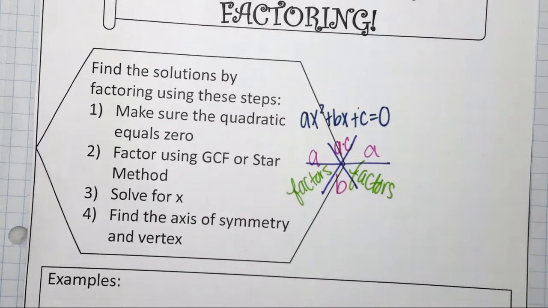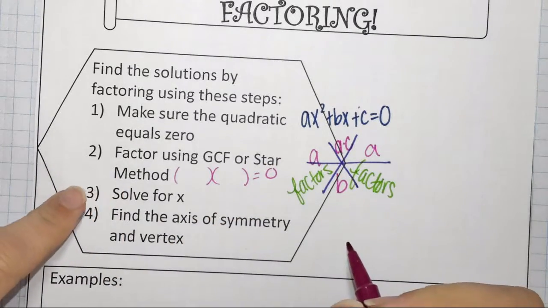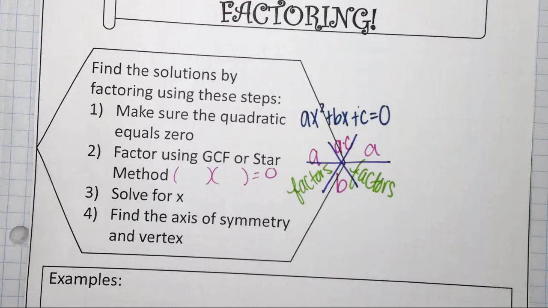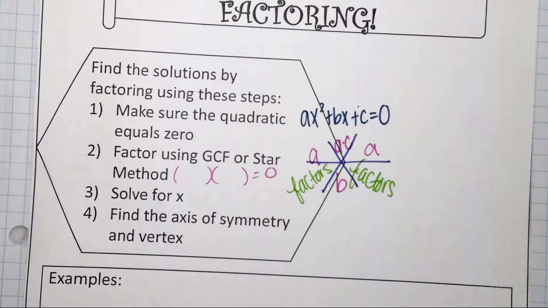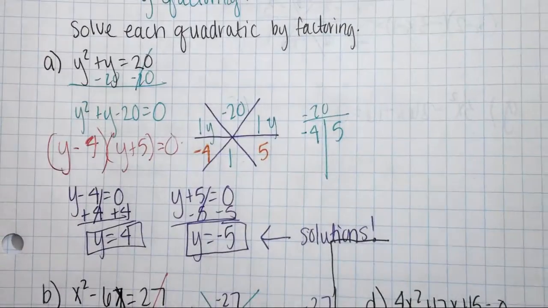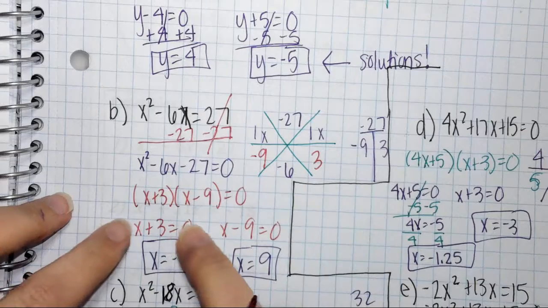Alright, so after we factor it and we get our parentheses, what do we do with these parentheses? How do we solve it for x? So right here, what did we do once we factored? How did we get to this step?